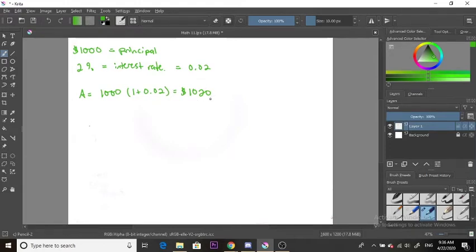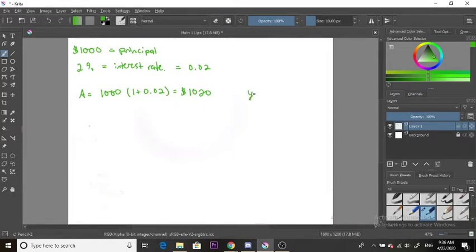Now, there's this thing called compounding interest, where you put in a certain amount of money, you make some interest after a certain amount of time, like let's say 1 year, and then you start the new year with this amount, and then you make more interest on this.